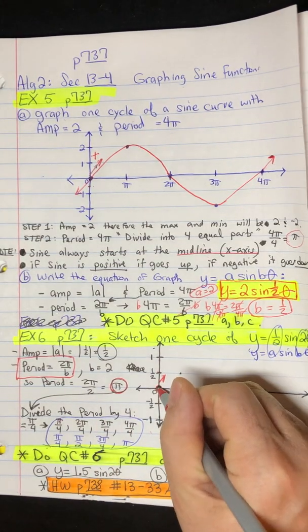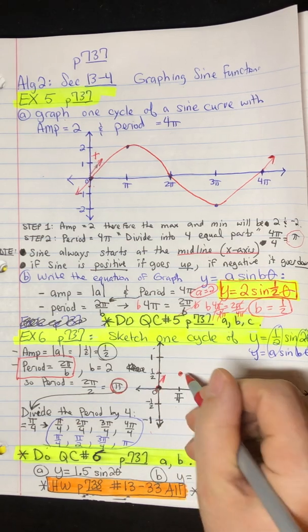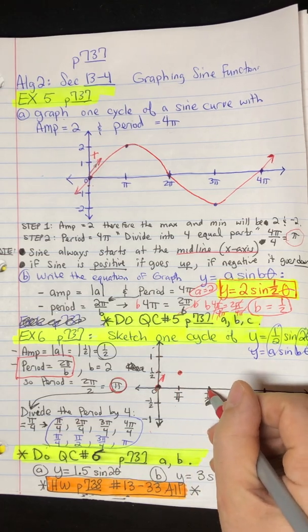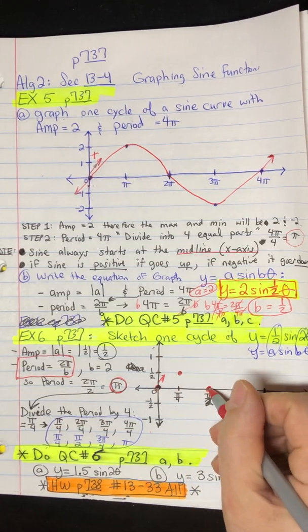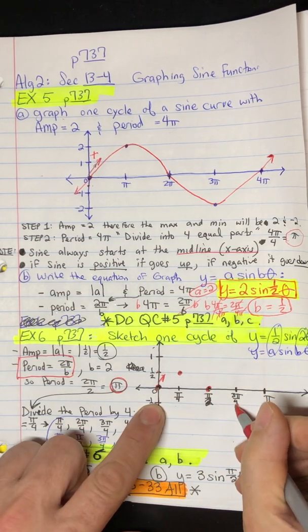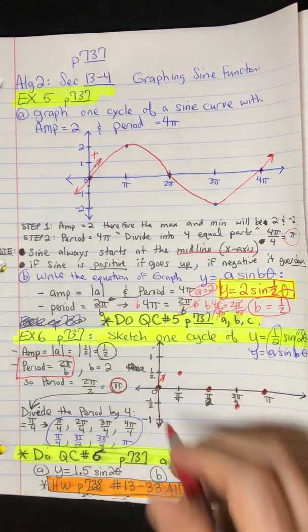Now, this is the midpoint. I'm going to go up. So the maximum is going to be at pi over 4, which is going to be 1/2. Then we're going to cross the x-axis at the next section, which is pi over 2. Then the minimum is going to be the next section, which is going to be negative 1/2, at 3 pi over 4. And the next section is going to go back to the x-axis, which is going to be pi. Let me go ahead and graph that.